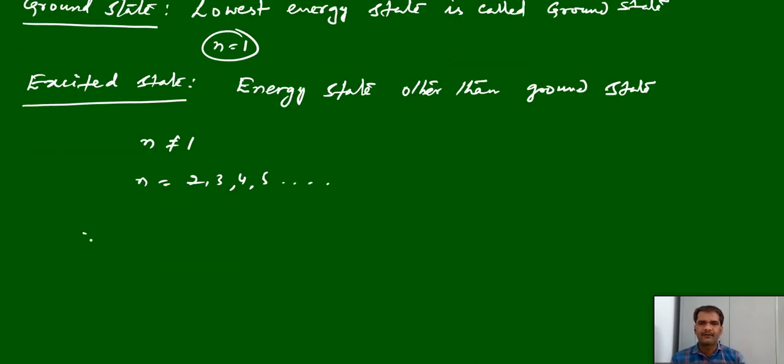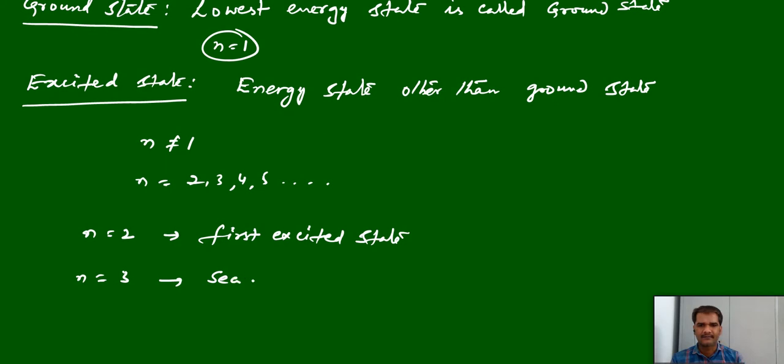If n equals 2, then that is called the first excited state. If n equals 3, that is called the second excited state.